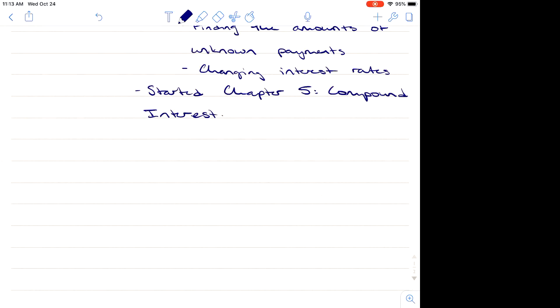But the only thing that's changing is that the interest rate is now being compounded at some frequency, right? Where we take the amount of interest that we've earned, compound it with the principal, and then we earn interest on that and the principal, right? And then we keep going until the next compounding period. So it just kind of snowballs, right?